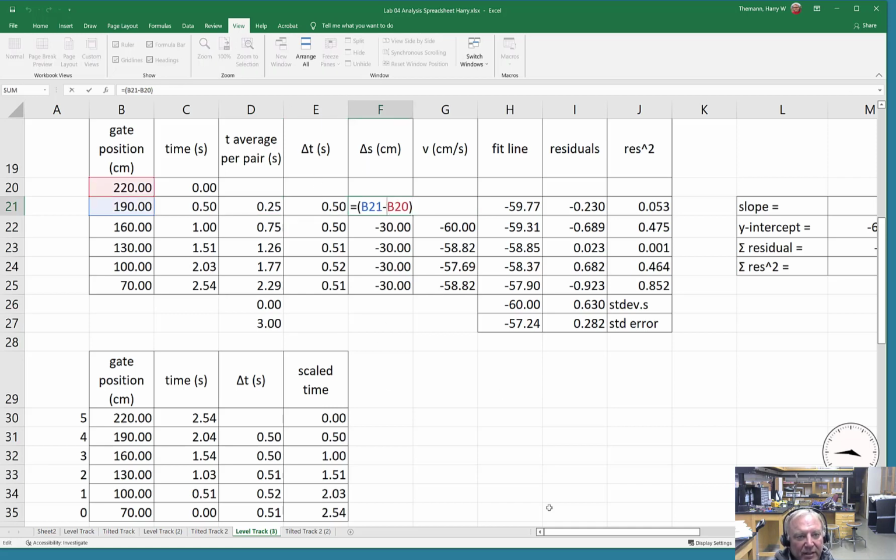And then notice that the delta s's become negative. Because, of course, I start at one gate, and when I move to the next gate, the position is a smaller number.